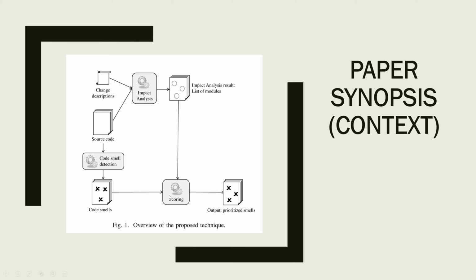And lastly, the context relevance index, or scoring. For each code smell in the list, they calculate the CRI based on the relevance to the prior result of the impact analysis. At the end, they output the prioritized list of code smells ordered by the CRI value.